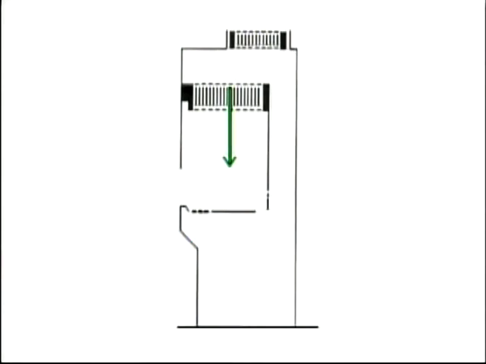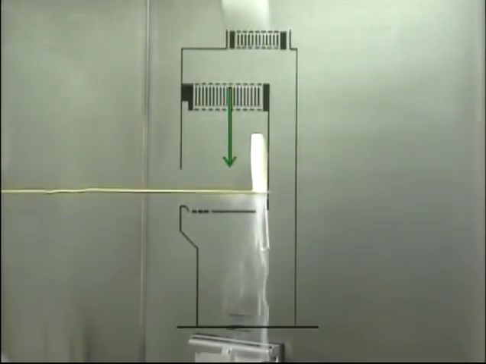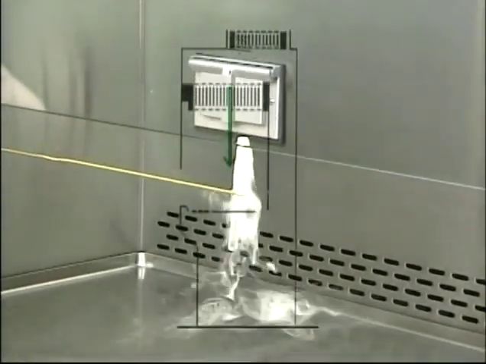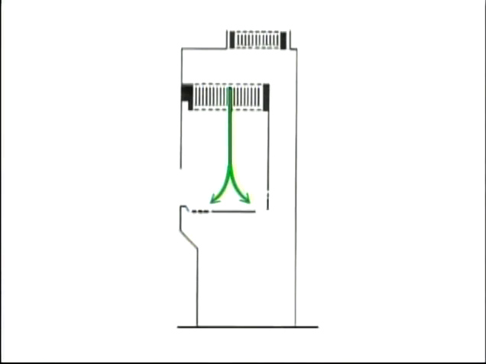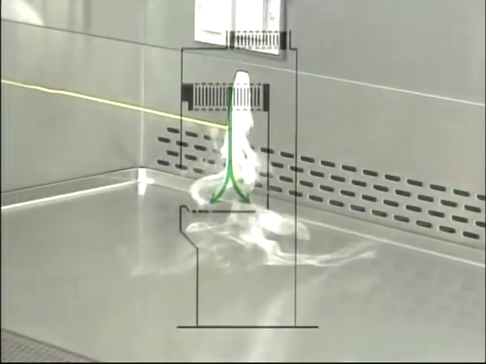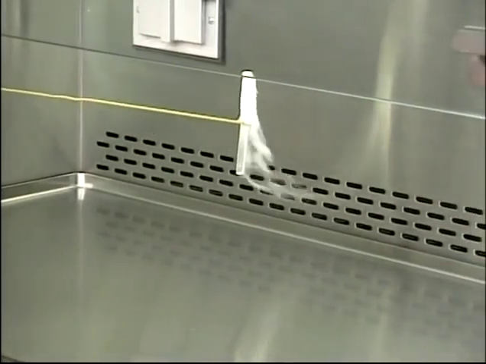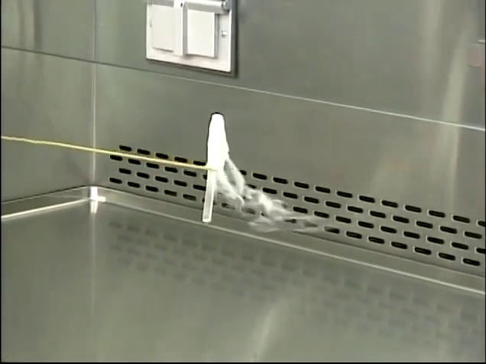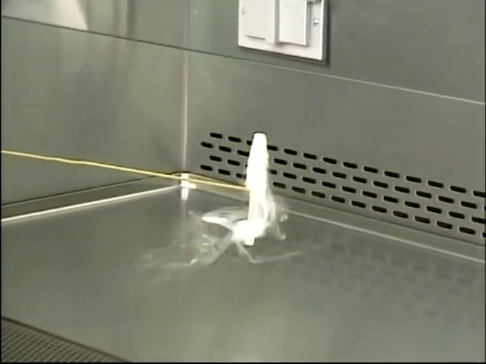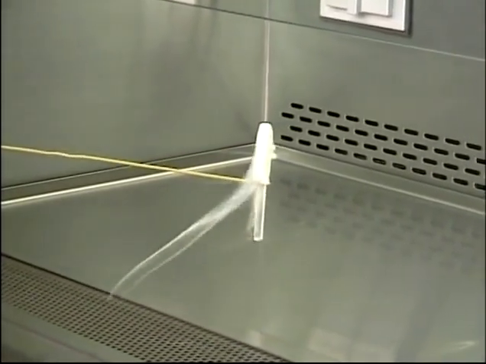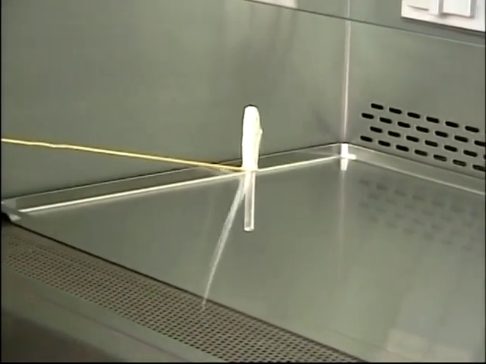In a BSC, clean air flows downward from the supply HEPA filter, which is located above the work surface. As it approaches the work surface, the air splits, with half of the air flowing back through the return grills at the rear of the cabinet, and the other half flowing forward to the front return grill.